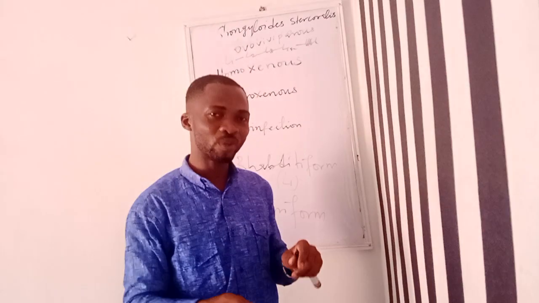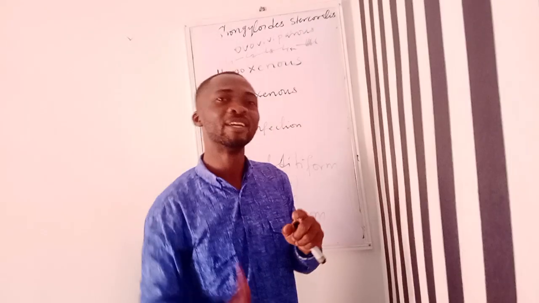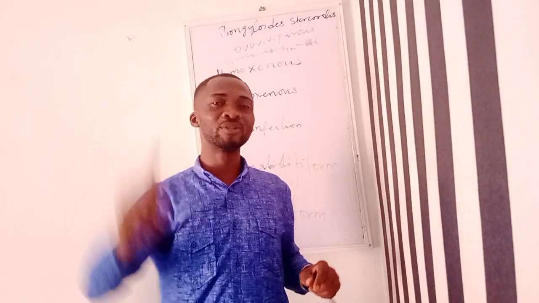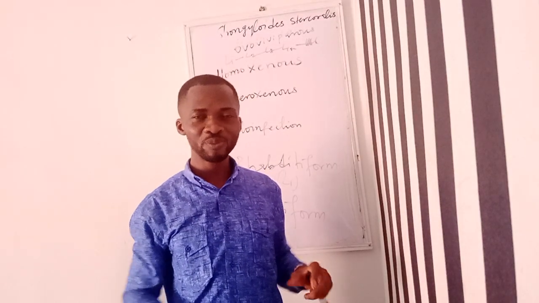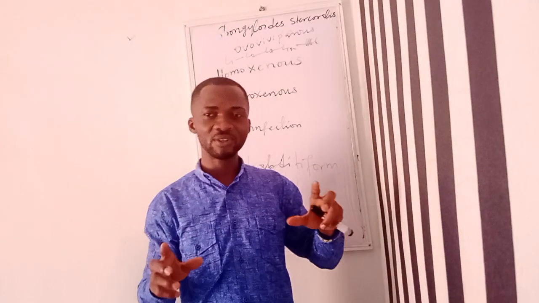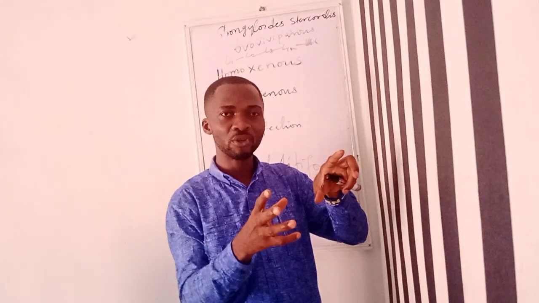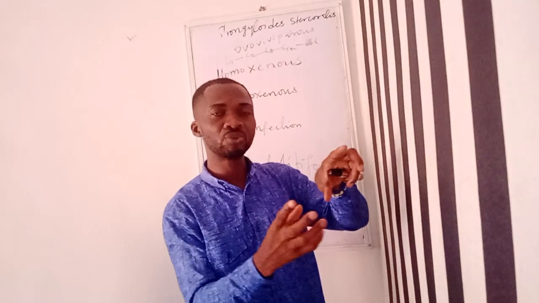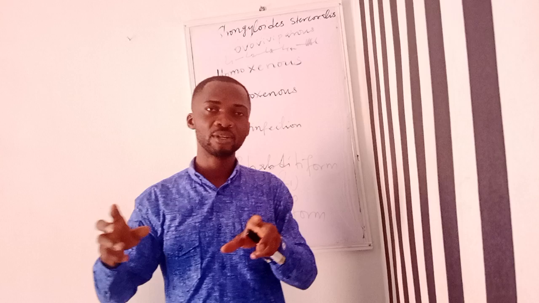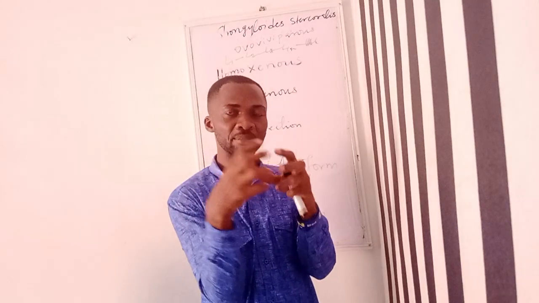Once it gets to L3, which is a filariform larva, it turns into a parasitic organism and penetrates the body of another host. Can you see why it is called heterogonic? It's heterogonic in the sense that some go through the free living stage, while some go through the parasitic stage. So it's mixed.